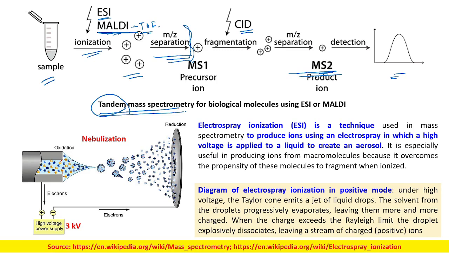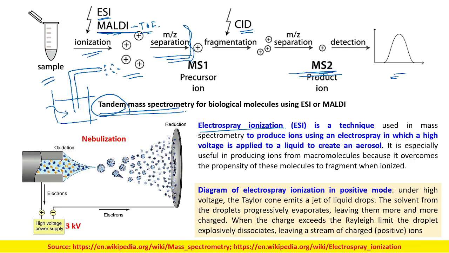Okay. Then coming to the electrospray ionization. In electrospray ionization, you have a solution of your proteins or genetic materials. You choose the pH such that your molecules are ionized, either positively charged or negatively charged. Then you pump it out through a nozzle and create an aerosol.